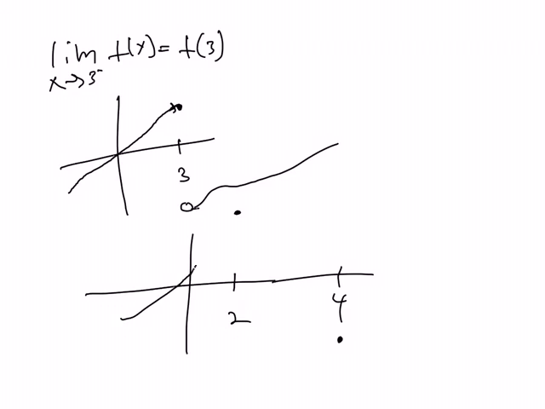So you have your function that goes something like this, and it's a jump discontinuity over here, which means that you can't fix it by just moving a single point. So it would go something like this, and then it's going to do something like this. This is 4. It's going to do something like this, and now it's going to have a removable discontinuity at 4, and then it's going to continue. Not very hard.